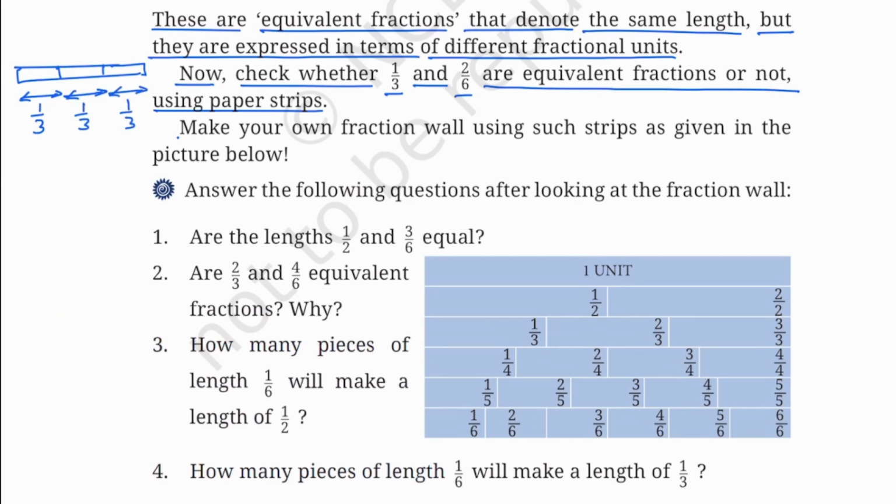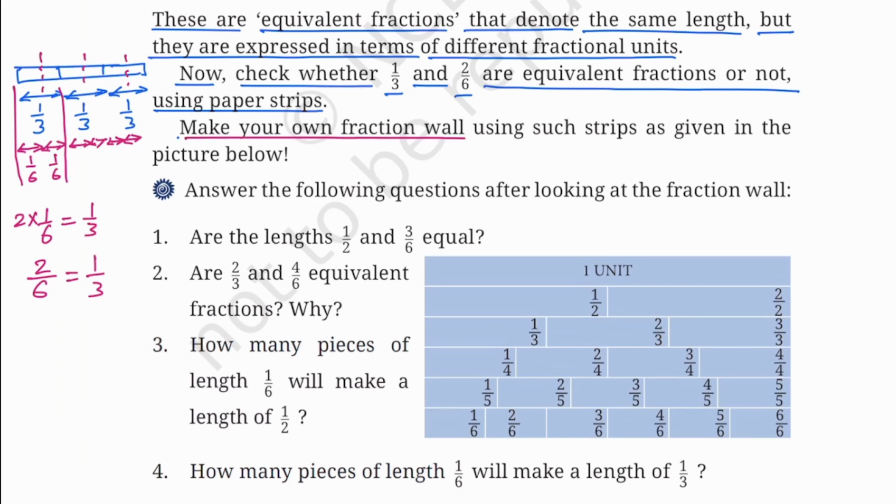If you divide again into half of 1 upon 3, you will get 1 upon 6, 1 upon 6. So you can see 2 times 1 upon 6 is equal to 1 upon 3. So you can say 2 upon 6 is equal to 1 upon 3.